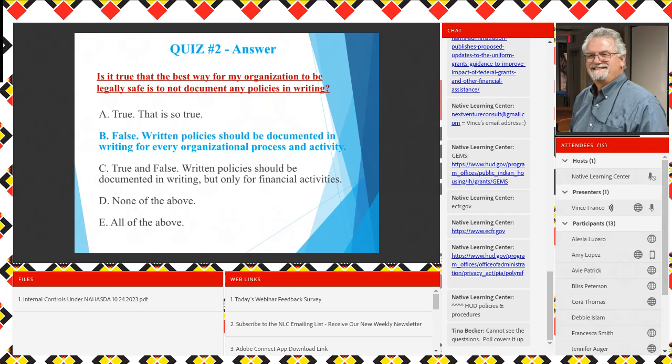For example, maybe it's on allowability of cost, what you consider to be allowable areas of cost. Another one would be confidentiality of information, probably one of the most important ones. A third one might be code of conduct. Another one could be nepotism, very prevalent in our industry, right? Nepotism.